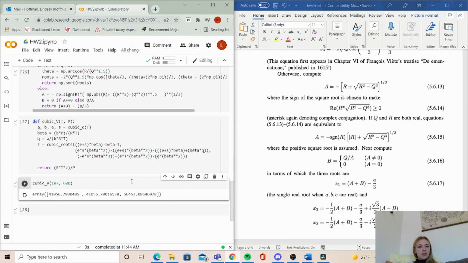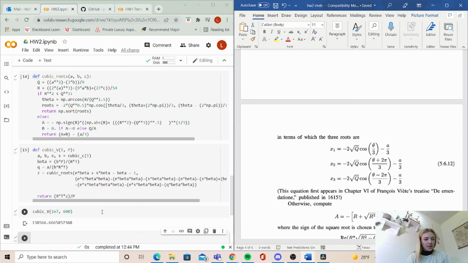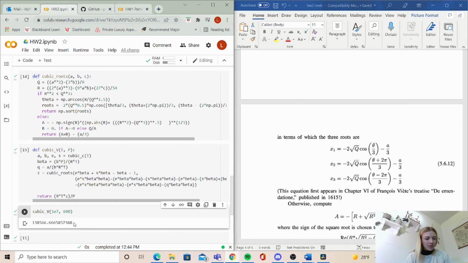Alright, so I'm going to take some time and figure out what is incorrect in my code here and come back. So I was able to get it to not be those incorrect 3 values, and I believe it was some error in my cubic roots function here.